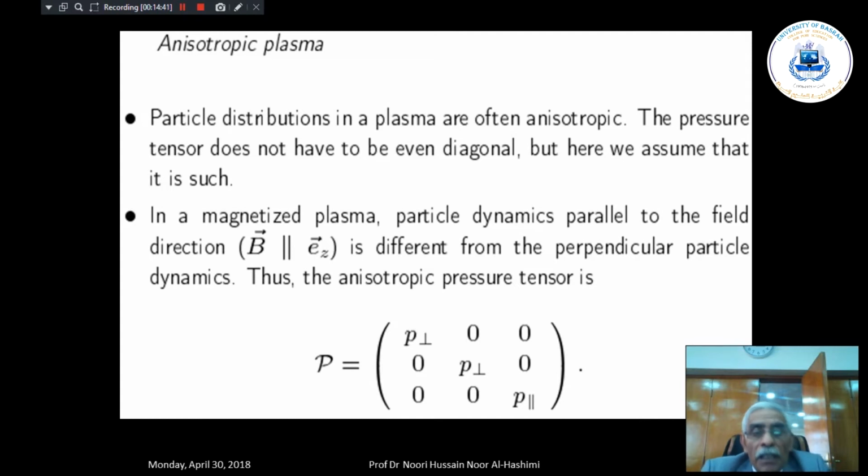Thus, the anisotropic pressure tensor is written as P equal to this matrix: diagonal P perpendicular, P perpendicular, and P parallel, and all the other elements in this matrix equal to 0.